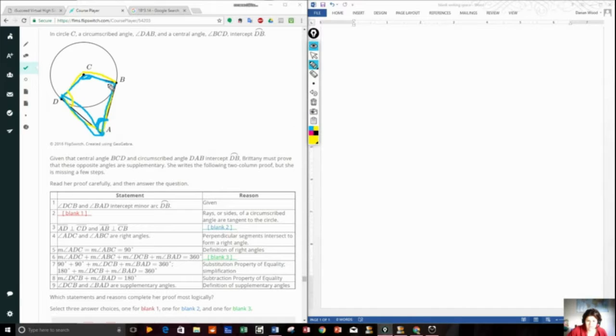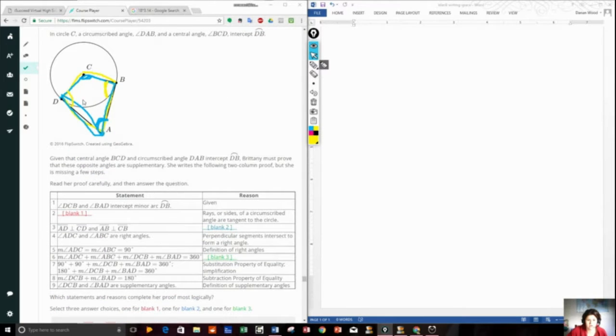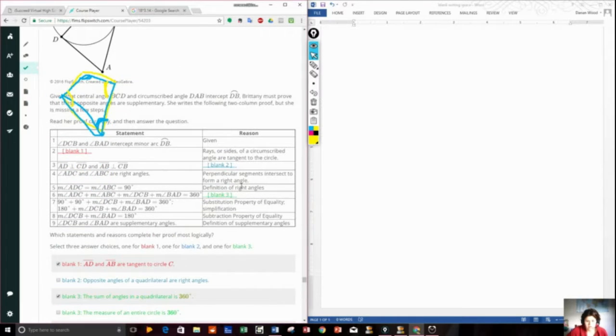So she's saying that all of these angles add up to 360 degrees. Well, blank 3, why is it? The sum of angles in a quadrilateral is 360 degrees, or the measure of an entire circle is 360 degrees. Let's look. Do I have a circle that's enclosed, or do I have a quadrilateral? We have a quadrilateral.